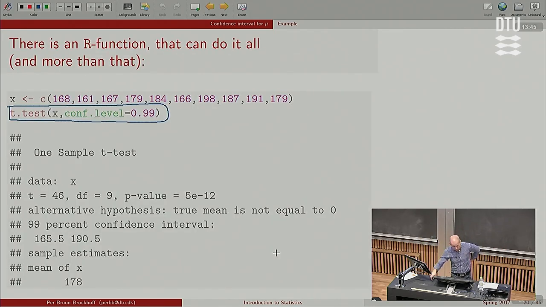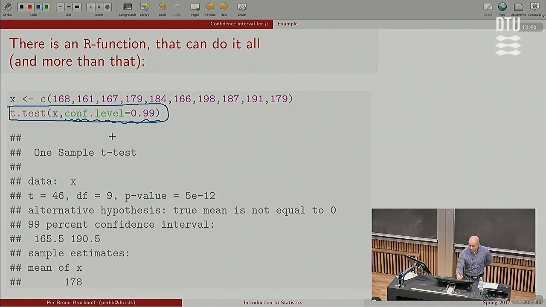And then to show that you can get this from the t.test function in R. The t.test function also shows this default 95%, because if you don't give any confidence level, it will default to 95%. As I said, that's the global default choice for these things.